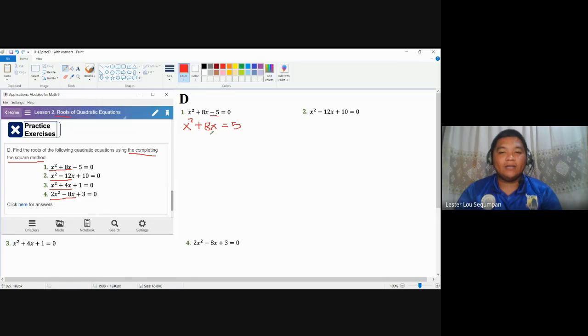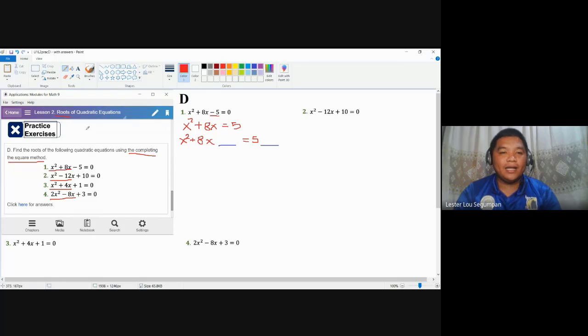Now that we have this, we are going to give a value for c for this expression so that the left hand side will become factorable, or what is called a perfect square trinomial, and the same value is also added on the other side. And what would it be?